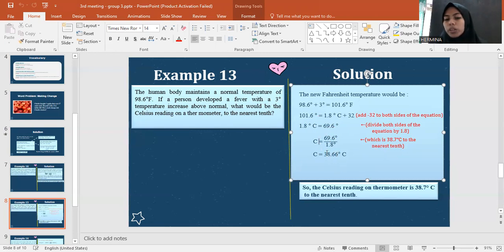Since in the question they asked for the nearest tenth, we're going to round this answer. So the Celsius reading on the thermometer is 38.7 degrees Celsius to the nearest tenth.